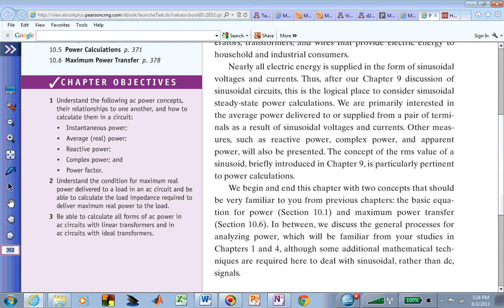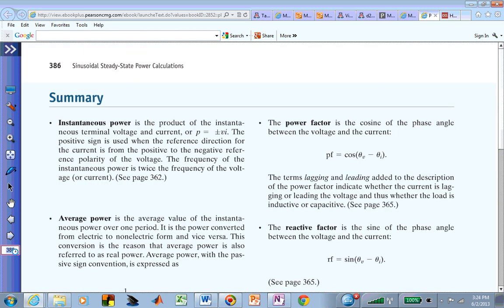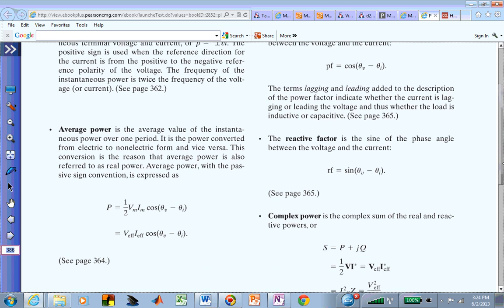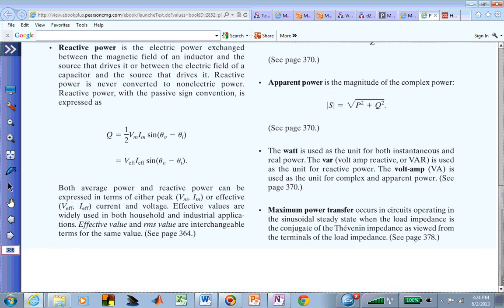Here you can look at your chapter objectives. Then you might just quickly go to the end of the chapter and read the summary, simply to see what are the key concepts that you're going to be confronting in this chapter. And in chapter 10, that would be instantaneous power, average power, reactive power.